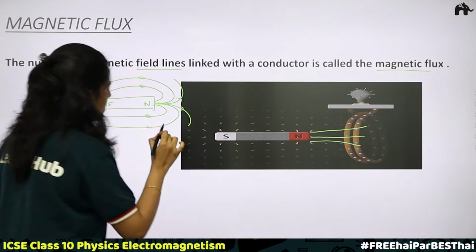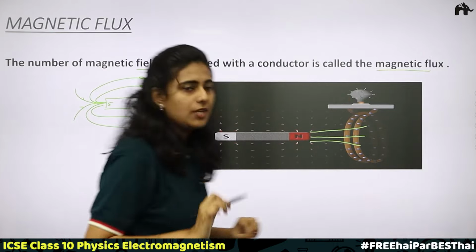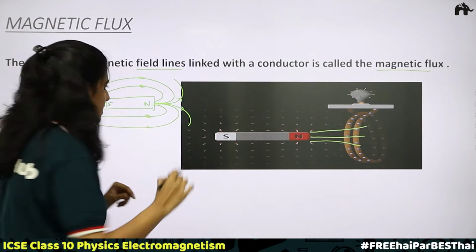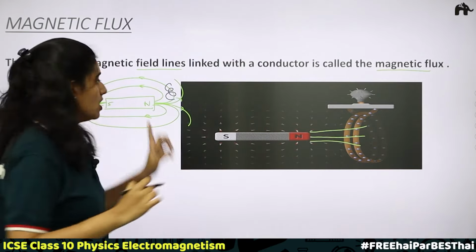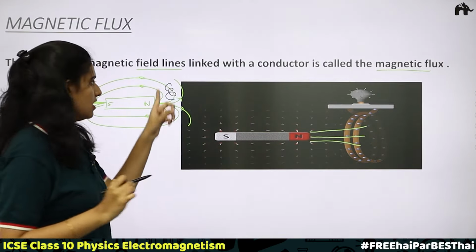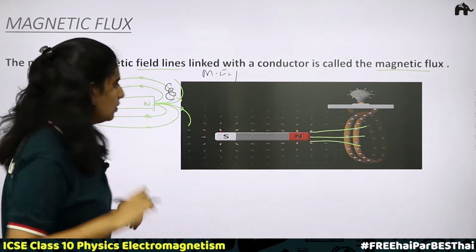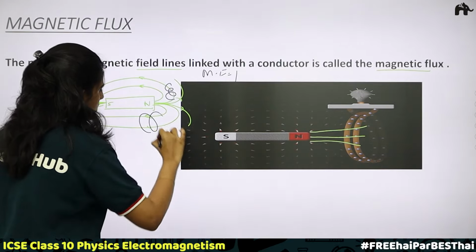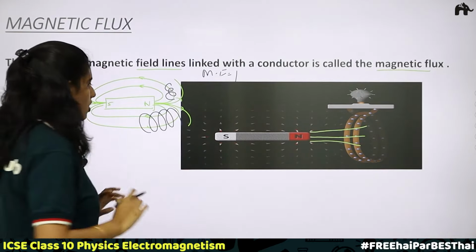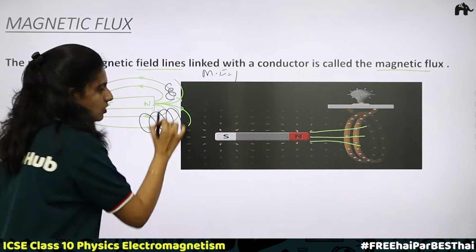Now if you consider a coil in the magnetic field. So this is a coil. How many field lines are passing through the coil? Just one. Therefore, the magnetic flux will be equal to 1. Now, if you are considering a coil in this way, you can see 1, 2. Two magnetic field lines are passing through the coil.